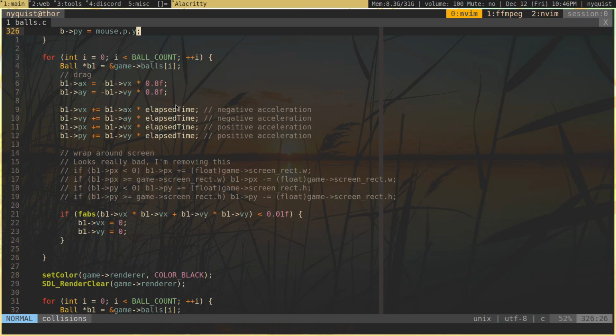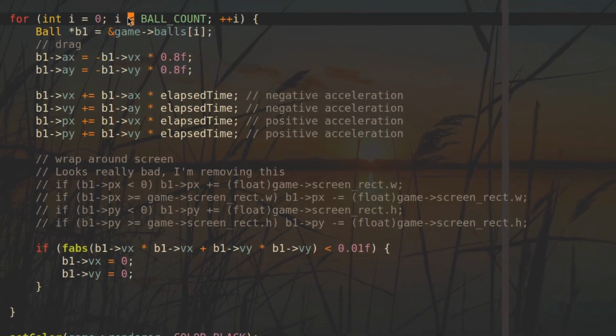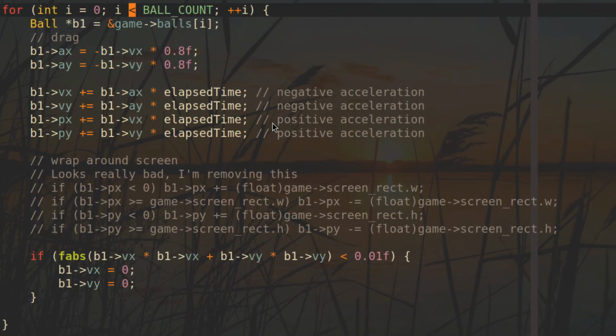And let's get to this first loop that's looping through all of the balls that are on the screen. We're going to loop through all the balls, get the ball, and then this is going to add drag, which is a negative acceleration, and we're going to multiply by this value, which is just a fraction, so it'll keep decreasing and decreasing.